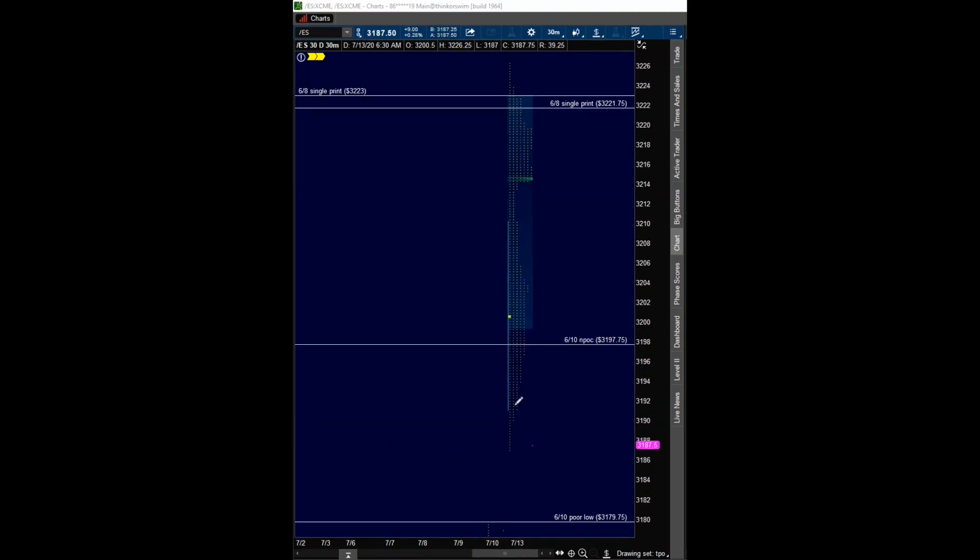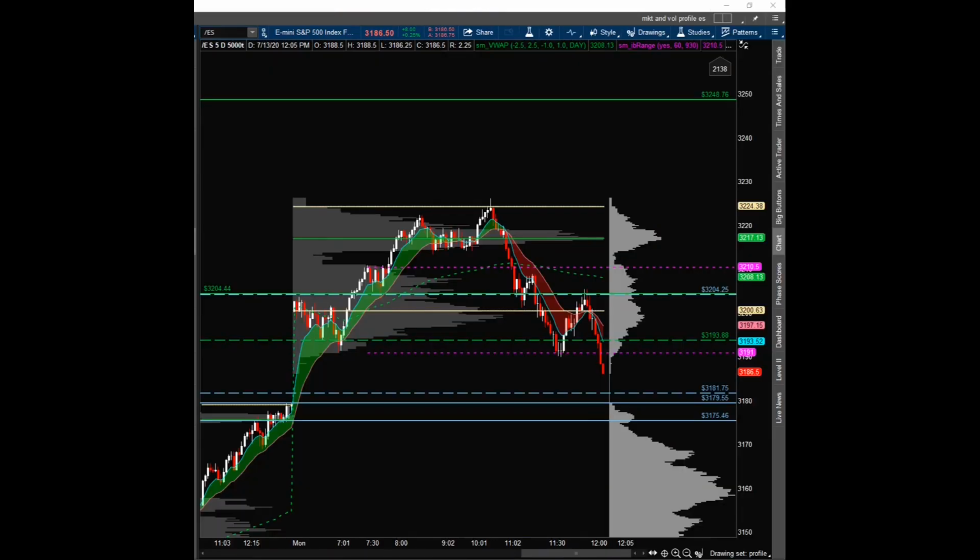All right, we just broke through. It was establishing a poor low, and then it just broke through. So right now we are looking to see if it would get down to this 31.79.75. And if we switch over to the volume profile, you can see that it came down and got a bounce on the IB low, came back up, tried to get back into the overnight high here, and just kind of rolled over again.